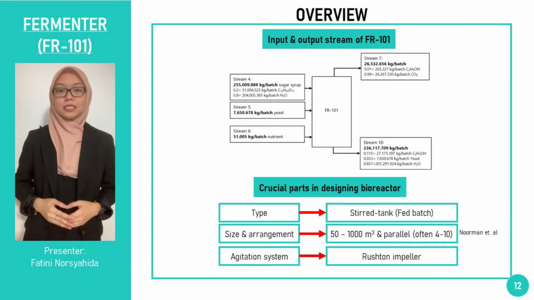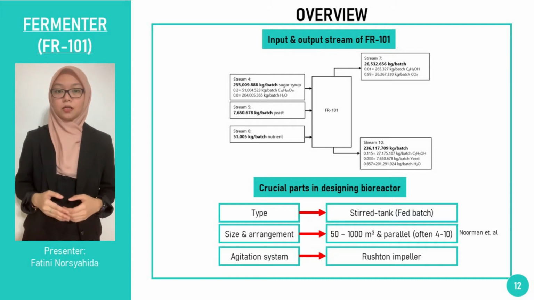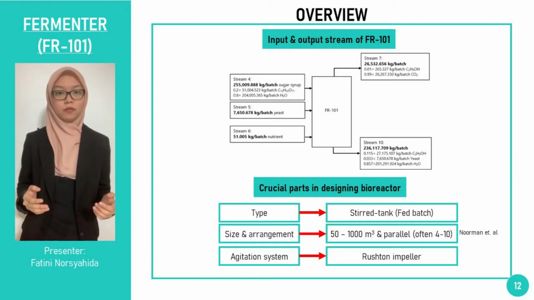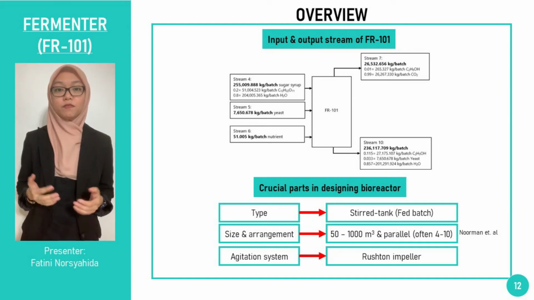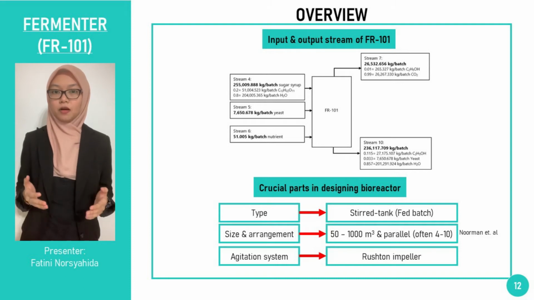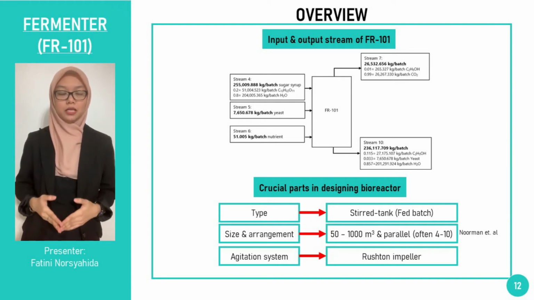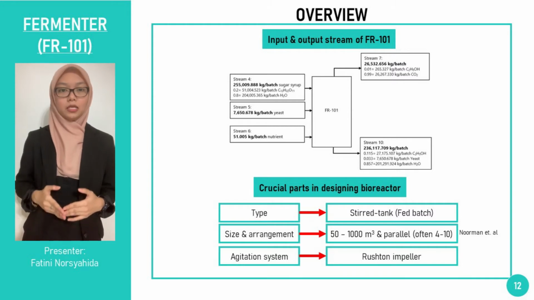Number 2, size and arrangement. According to Norman et al., a typical size for an industrial fermenter is between 50 to 1000 meter cube. By using mass flow rate and density to find volume, it has been found that the working volume for our fermenter is approximately 243 meter cube.